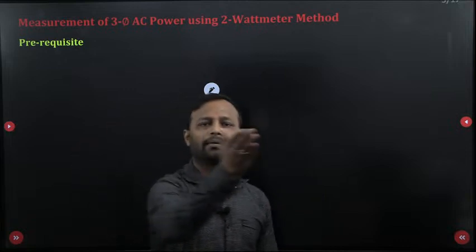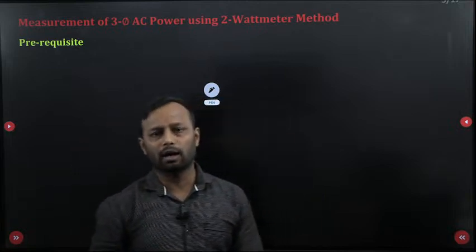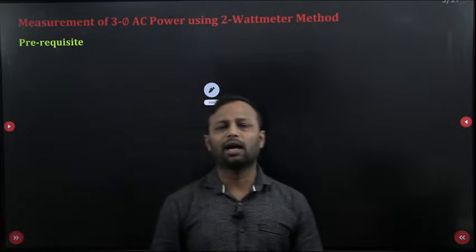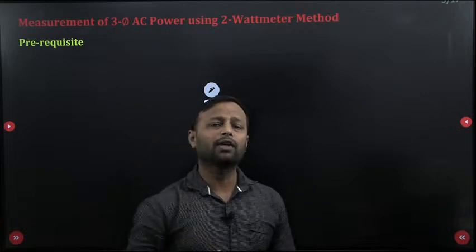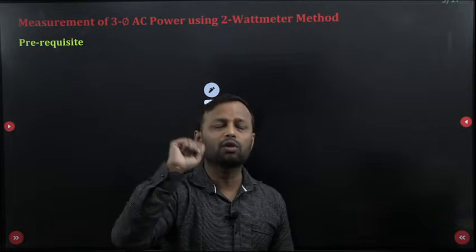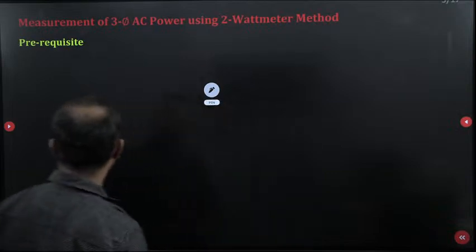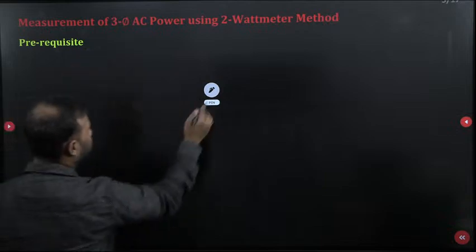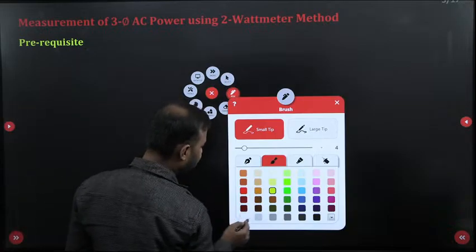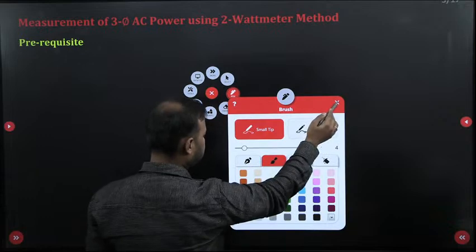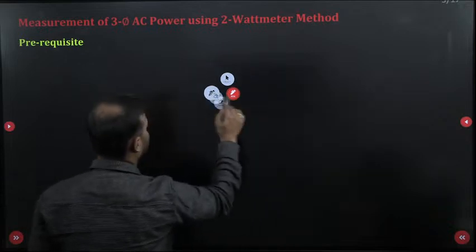Suppose I am deriving the formula for the star connection, then whatever formula we derive is also valid for the delta type of connection. Okay, all right. So in the prerequisite, first we need to see the relation between voltages.